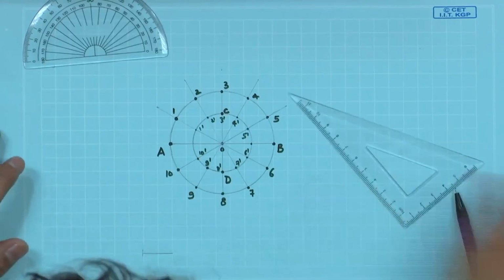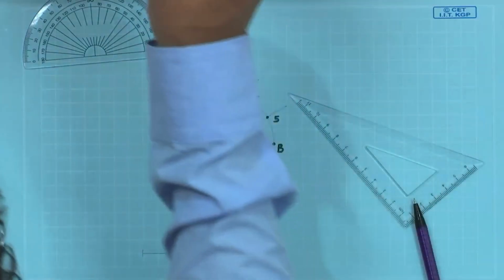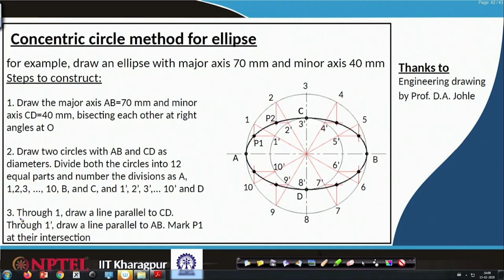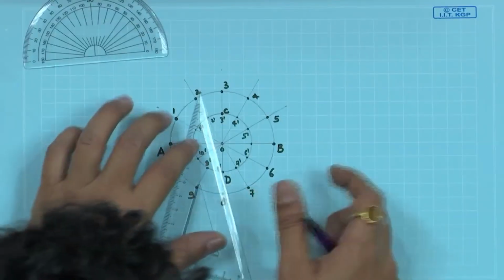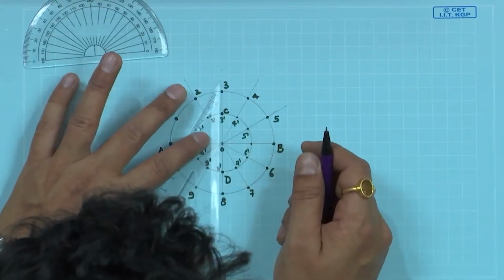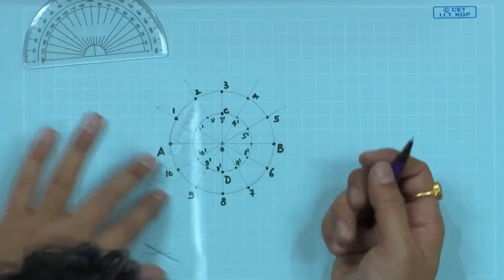Now, what we have to do is second step. Second step is through 1 draw a line parallel to CD. If we have a ruler scale, we could have drawn it in that way.